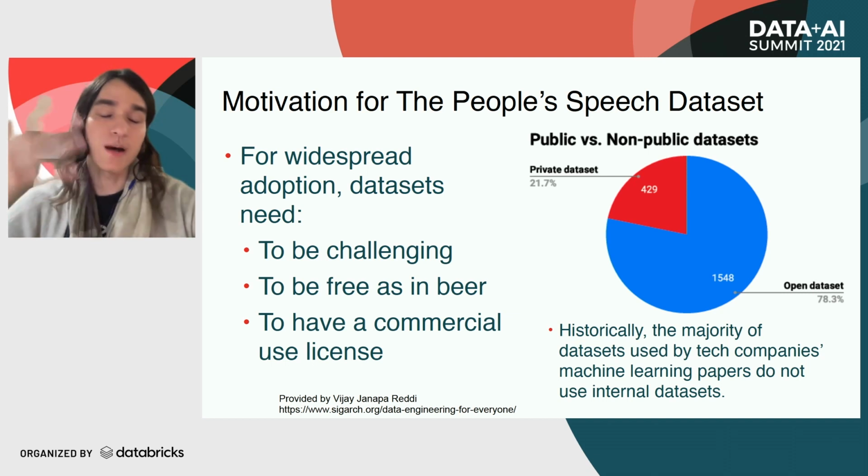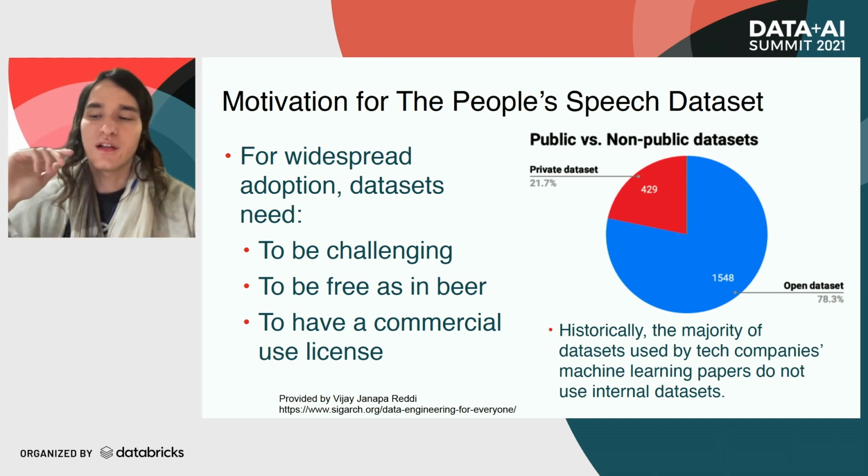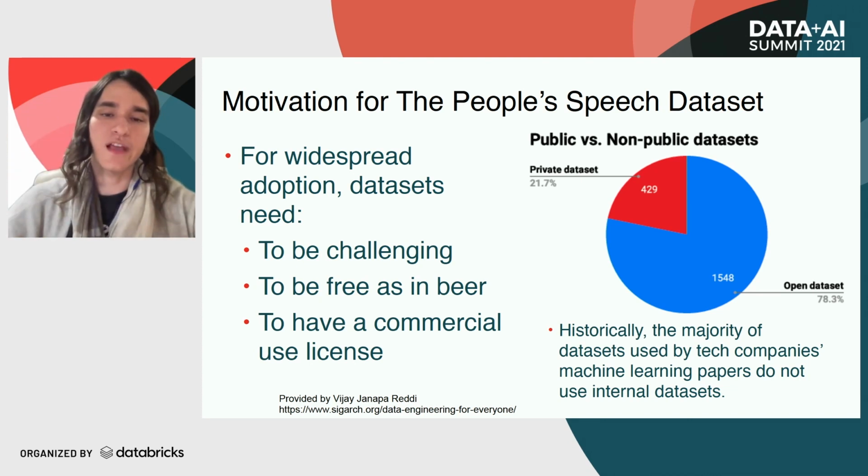And one of the things that MLCommons in general has found is that it's actually quite difficult to get a good benchmark data set, for a couple of reasons. And those three reasons are best summarized as the following. A data set needs to be challenging, so it needs to push the state of the art.